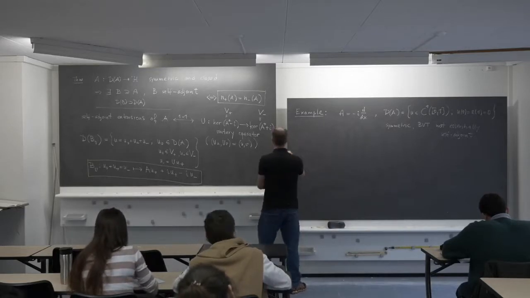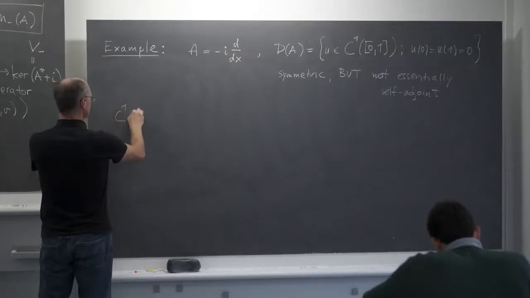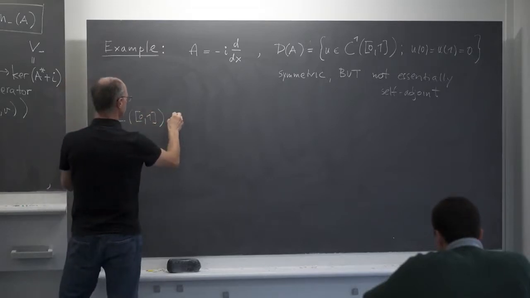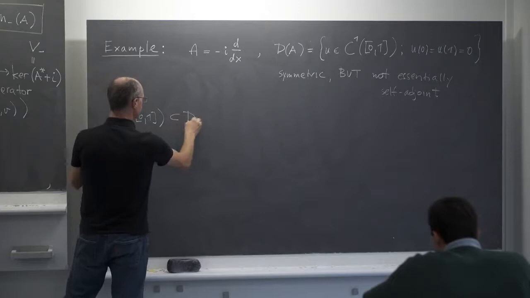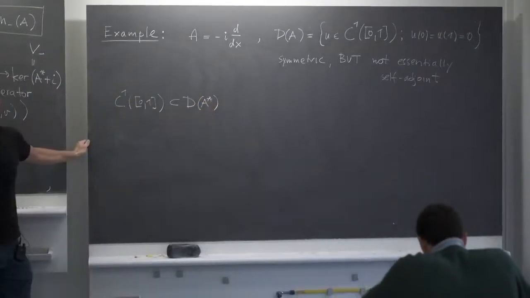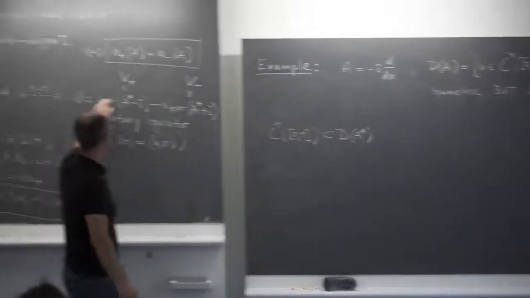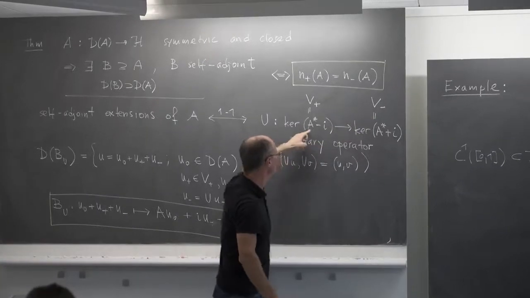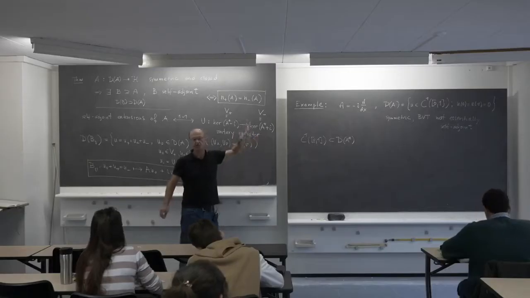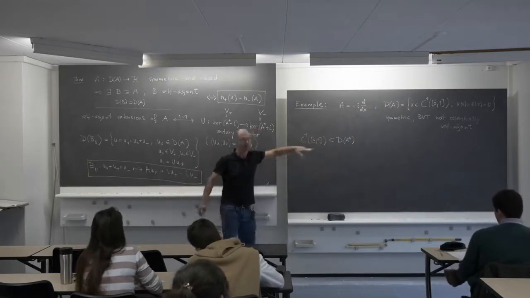consider the following. Recall that we've shown last time that the whole C1 of 0, 1 is contained in the domain of A star, right? So here, in principle, to define V plus and V minus, we should be using the whole domain of A star. But again, let's ignore this fact. This thing is already a huge part of the domain of A star.